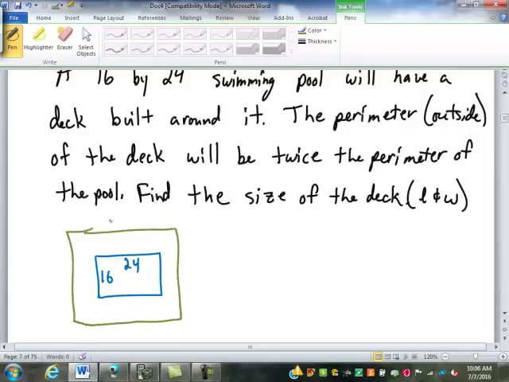So I want to find this length and this width. So this distance here in every direction is going to be the same, even though my picture may not show it. See if you can figure out what the length and the width of that deck are. It's not as bad as it looks.